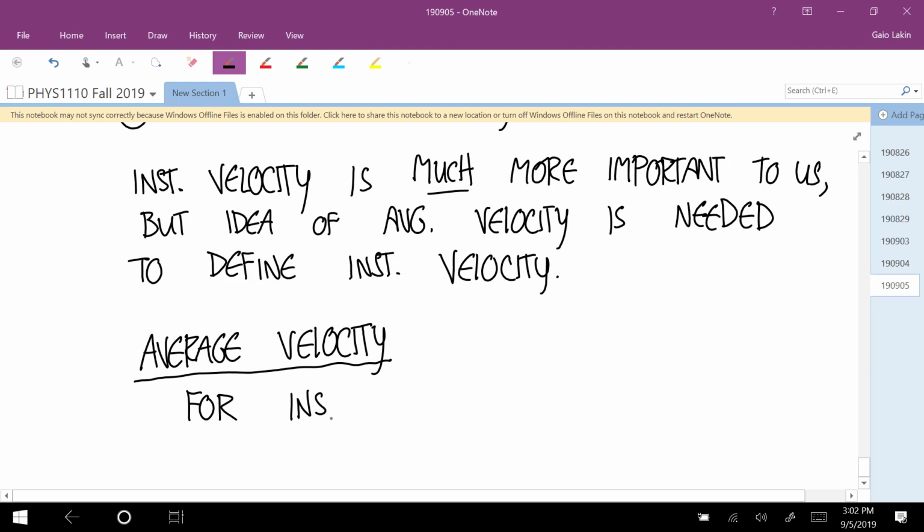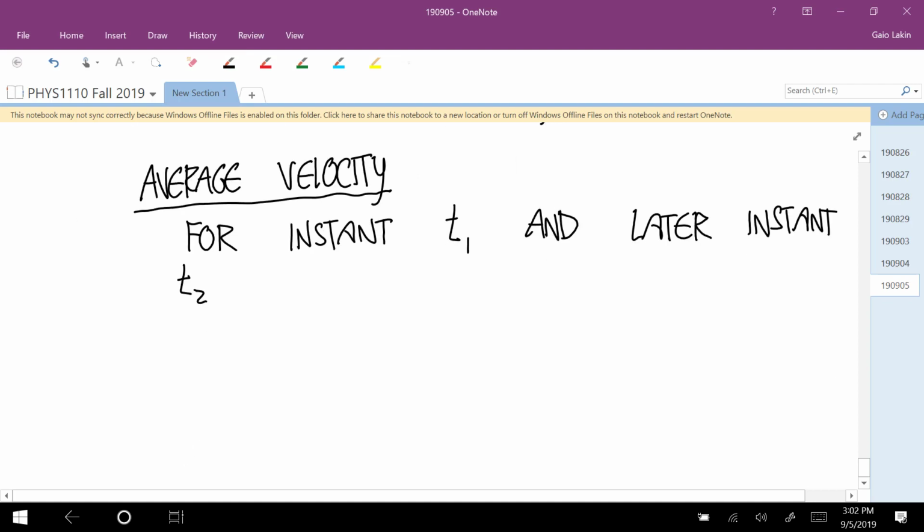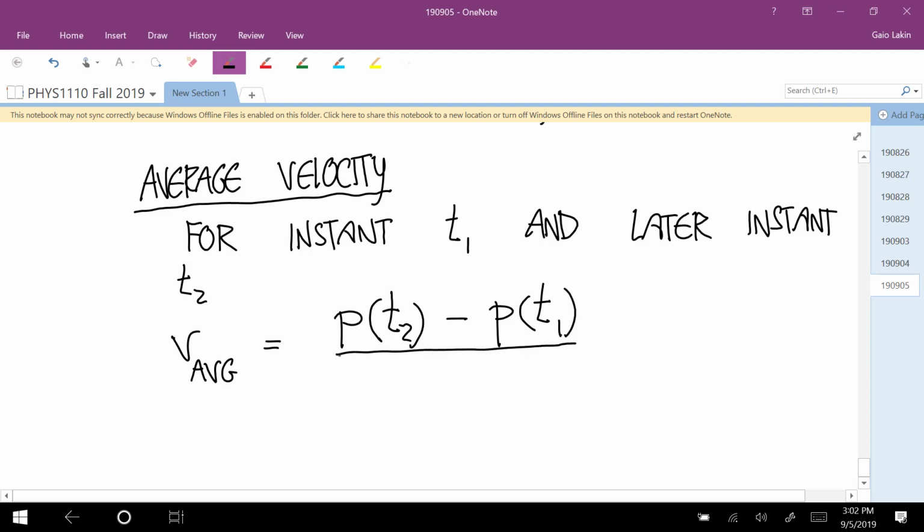For the instant t1 and the later instant t2, the average velocity is the position at the later instant minus the position at the earlier instant, divided by the later instant minus the earlier instant.